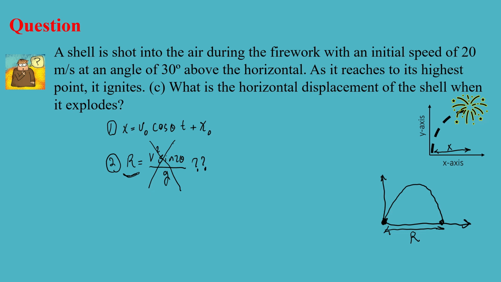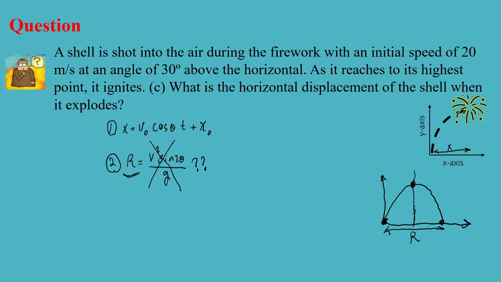Another thing, you might say, okay, I'll calculate r and then divide it by 2, right? So it's going to be half of this distance, which is the same as the answer I'm looking for, because it looks like it ignites at half of the displacement.